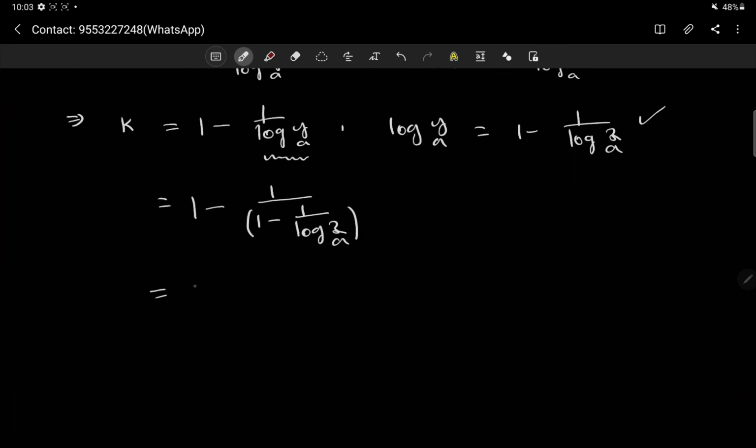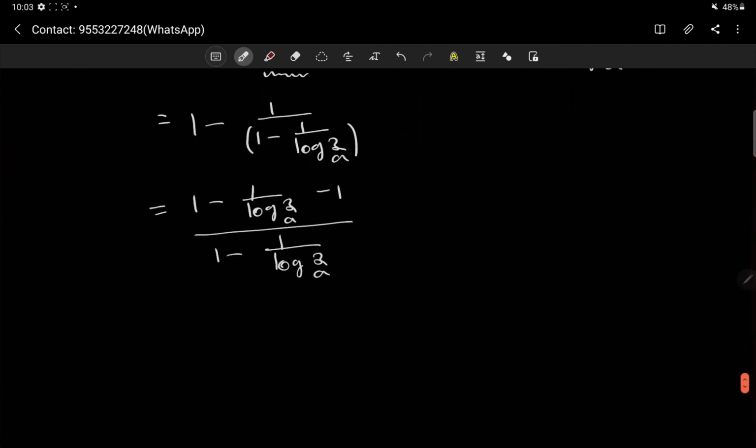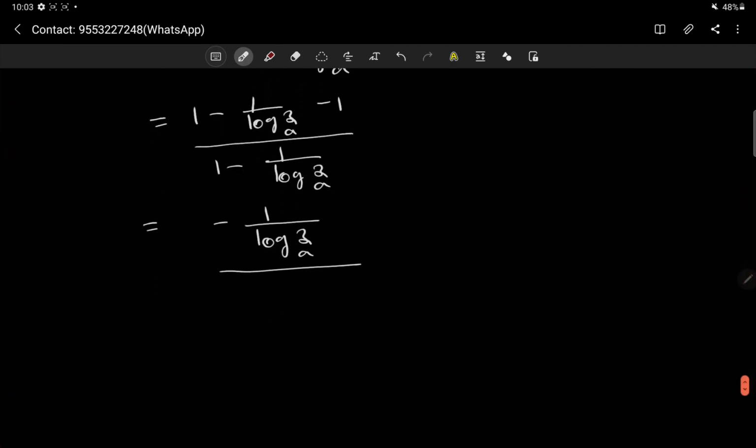Now doing LCM, we have 1 minus 1 by log z base a minus 1, whole divided by 1 minus 1 by log z base a. The 1s both get cancelled, so we have minus 1 by log z base a in the numerator.